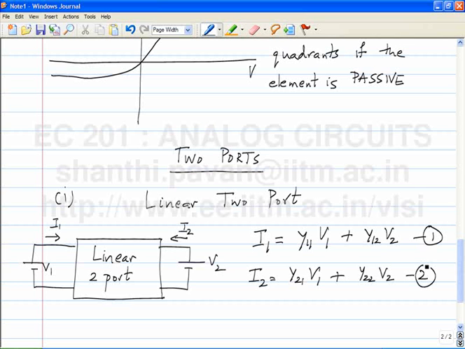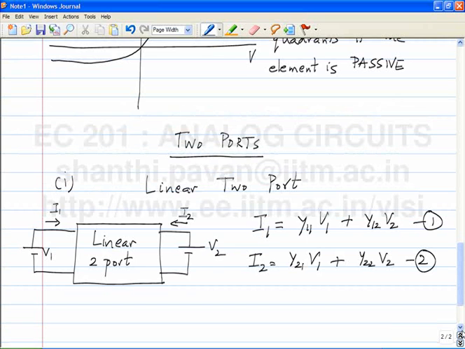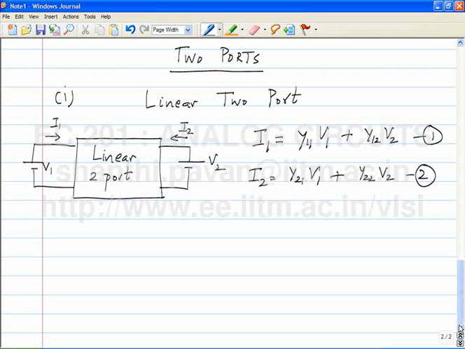So what kind of shape is this? I1 is Y11 V1 plus Y12 V2. It is a plane. So obviously it becomes impossible to depict it in two dimensions. One way around this difficulty, one straightforward way of thinking about it, is to plot I2 versus V2 for various values of V1.